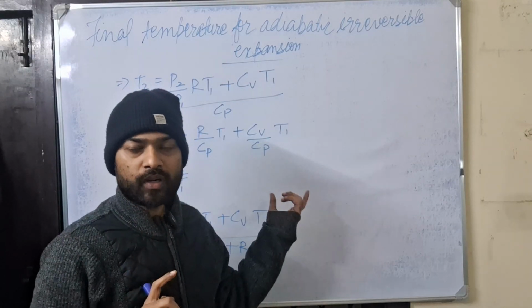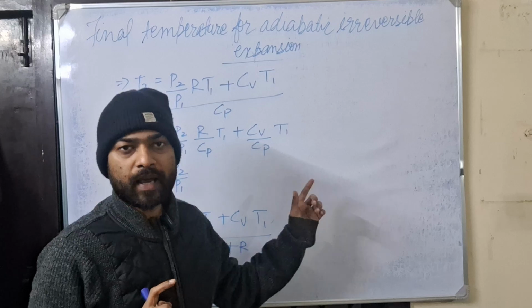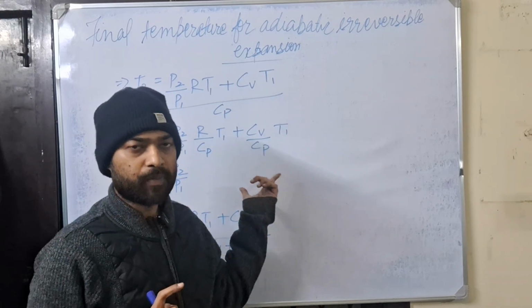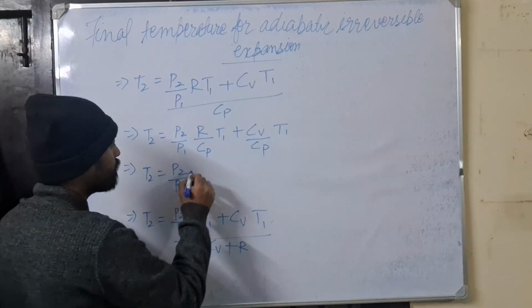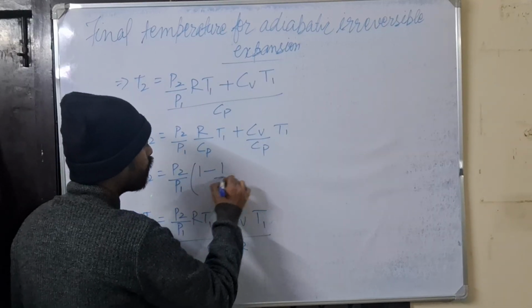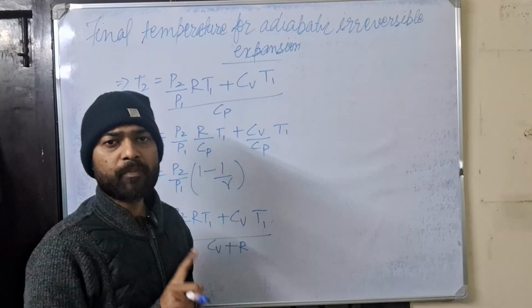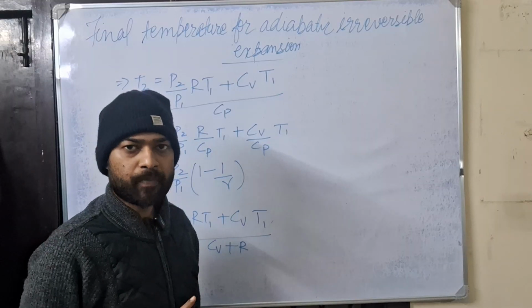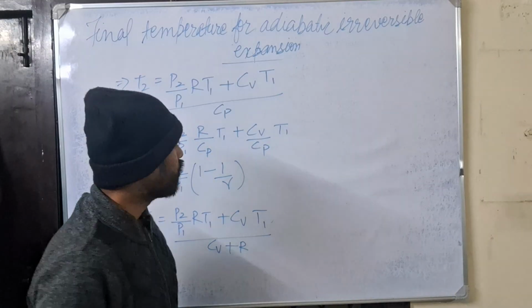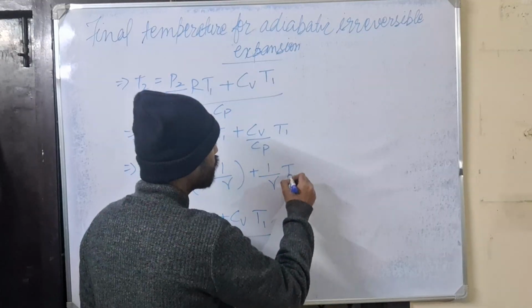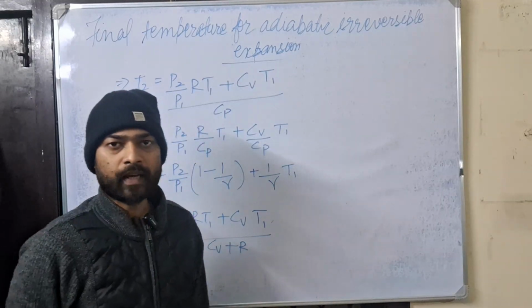Okay, so if you don't understand how it is coming 1 minus 1 by gamma, we are going to derive it. Just wait for 2 minutes. Okay, let me complete this. So R by Cp is 1 minus 1 by gamma, and gamma is the ratio of Cp and Cv, heat capacity at constant pressure and heat capacity at constant volume, and this is your 1 by gamma into T1. Correct?